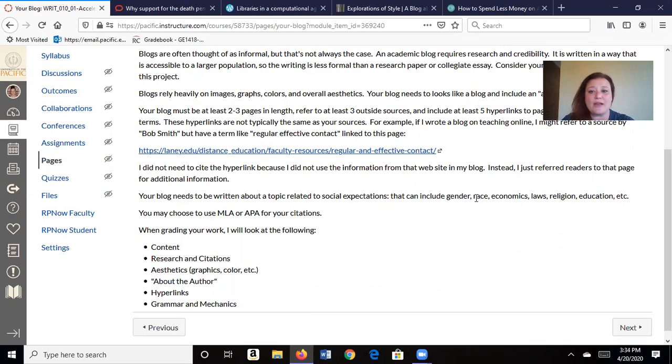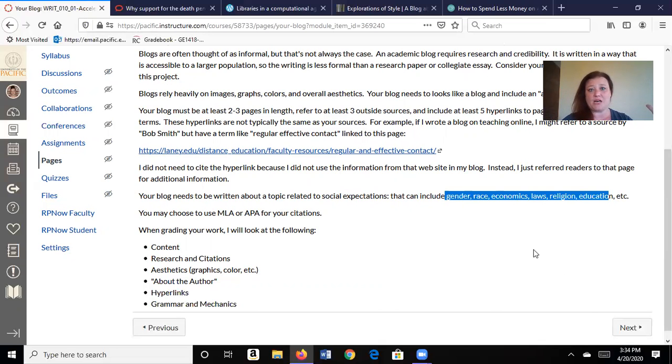Maybe I want to write about race and how, unfortunately, race plays a card in things like capital punishment and the unfairness of who is prosecuted in different crimes. Economics and the fact that we are very much a society that is focused on money, and the rich seem to get richer and the poor get poorer, and our middle class is disappearing, etc. So you can think of a lot of different things you might want to talk about in this blog.